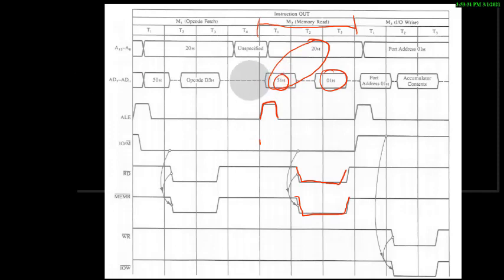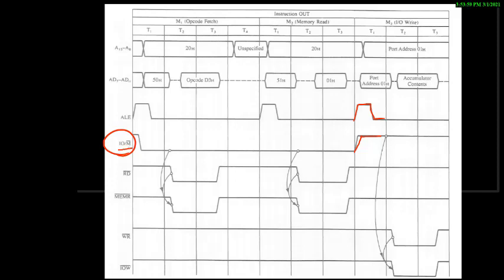Now this particular instruction is completed by the third machine cycle, so it has 3 machine cycles. Now the data from that port has to be read into the accumulator. So in the next machine cycle, this signal again becomes high. Because this has to be read from the input output, this signal is a combination.